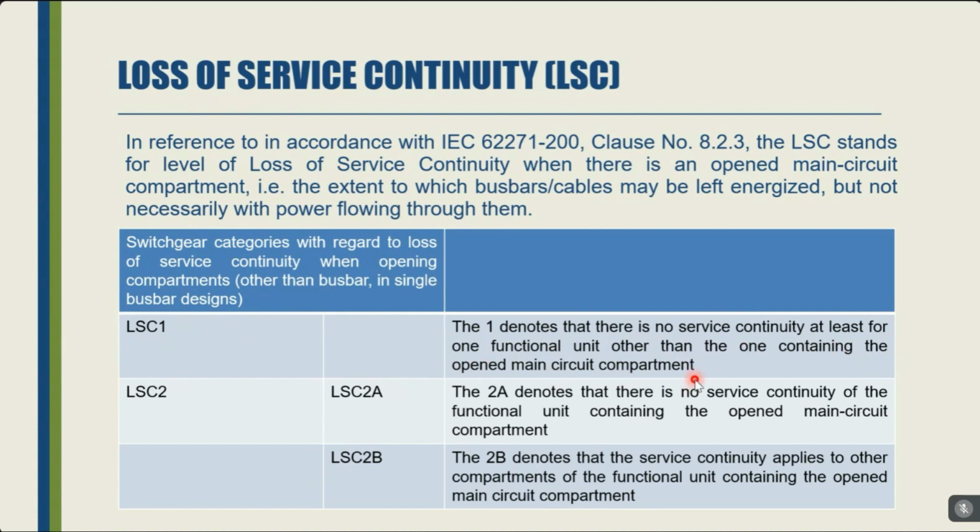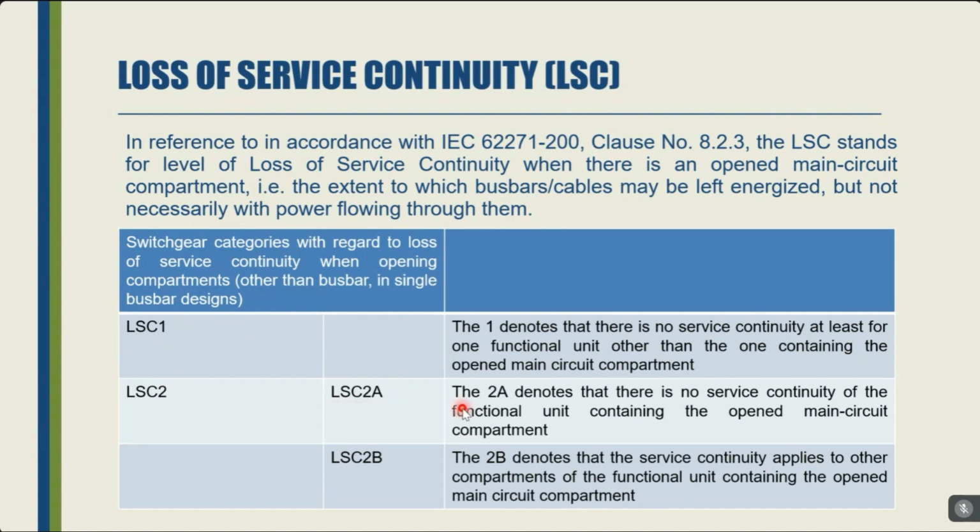Suppose the main circuit compartment is opened for a particular reason. Apart from the one which you have opened, only a maximum of one other will have a loss of service continuity. Apart from that, the others may remain charged or energized.